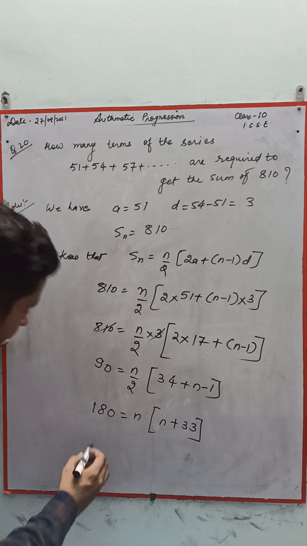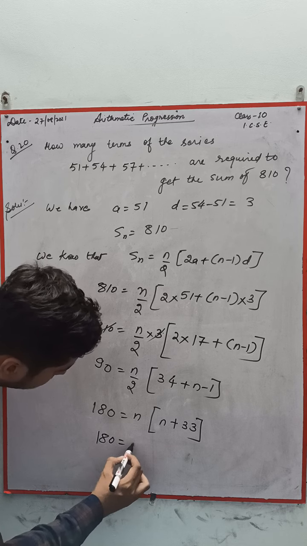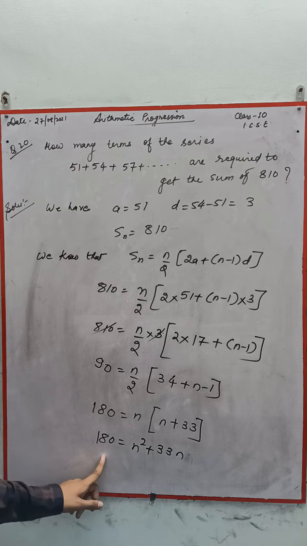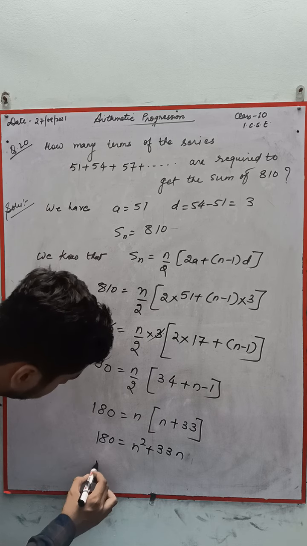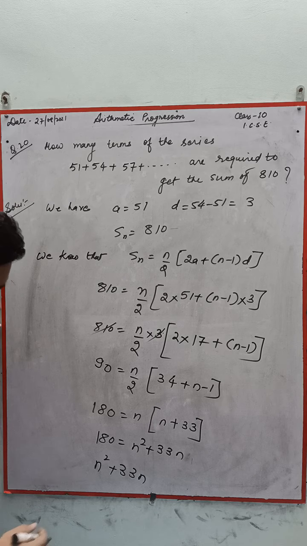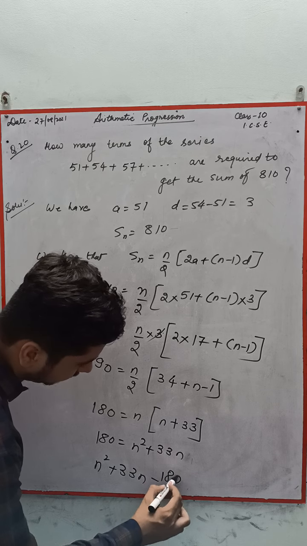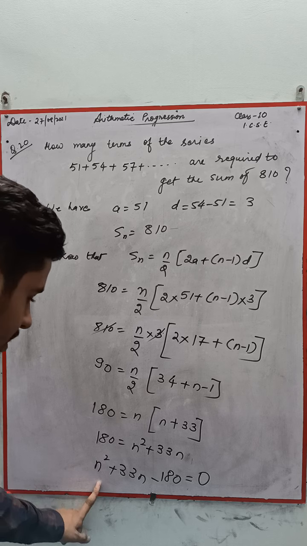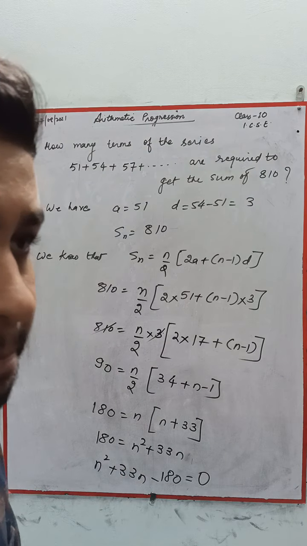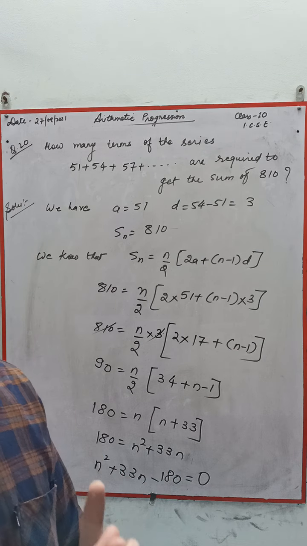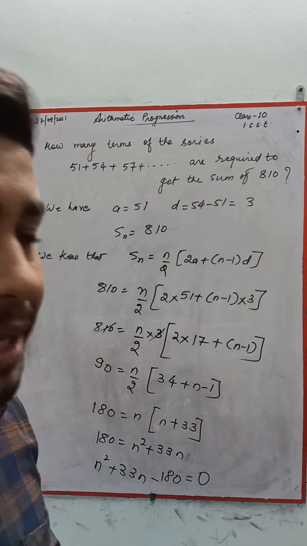Multiply this n inside. So 180 is equal to n square plus 33n. Take this constant term to that side. So you will have a quadratic equation n square plus 33n minus 180 equal to 0. Now after this you have 2 options. One is factorization and another one is the formula method.